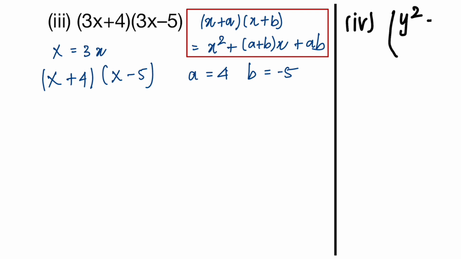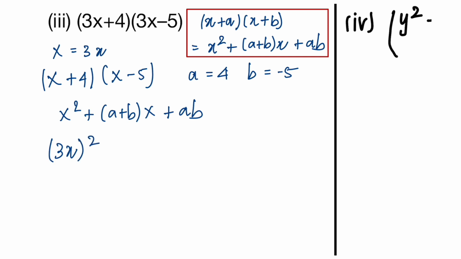So the RHS is X squared plus (a plus b)X plus ab, right? In place of X, you are going to put 3x, right? This one is the lowercase x. So (3x) the whole squared plus (a plus b), here 4 minus 5, into 3x. Because this is the capital X and this would be your lowercase x, 3x, and plus ab is 4 into minus 5.